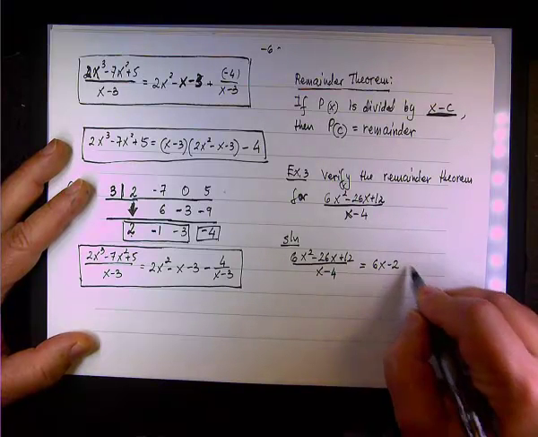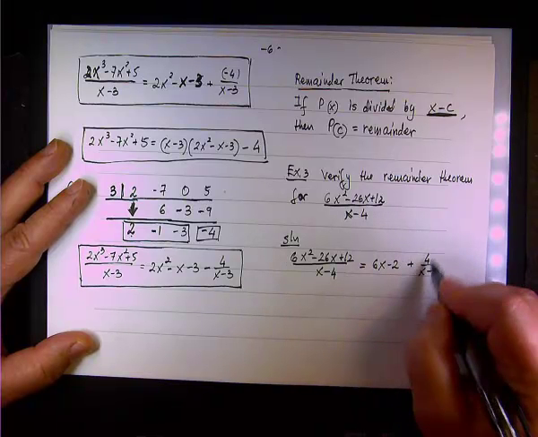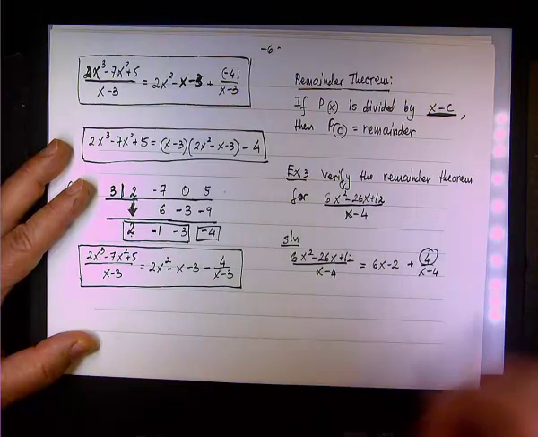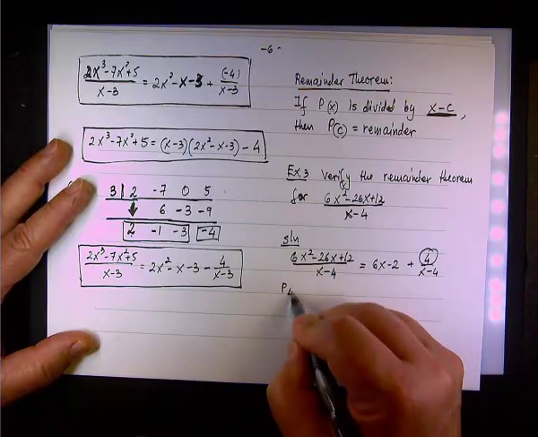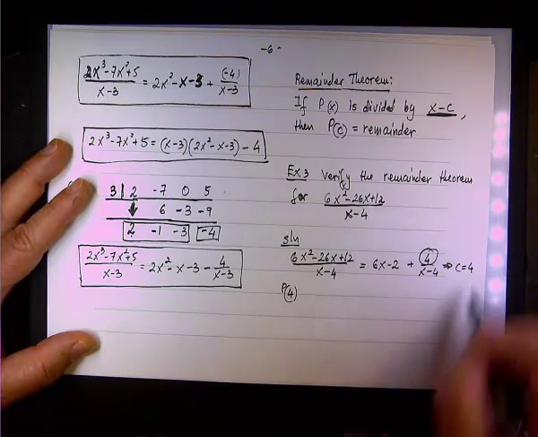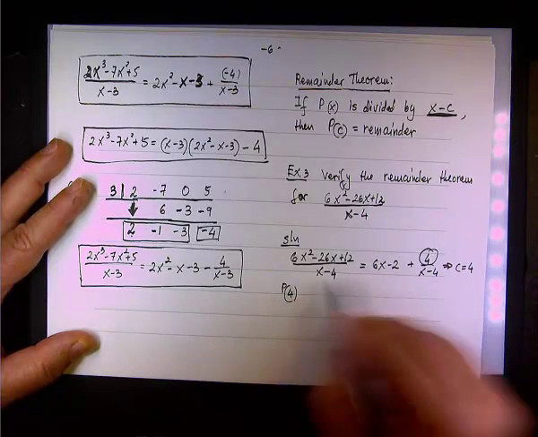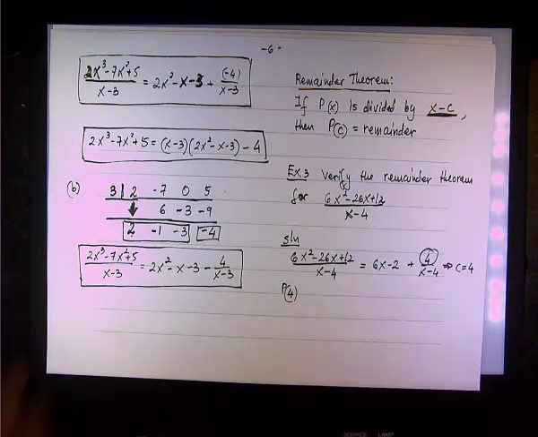I'm just writing the result of the example. That was example 1. Remember this, we end up having 6x minus 2 plus 4 over x minus 4.